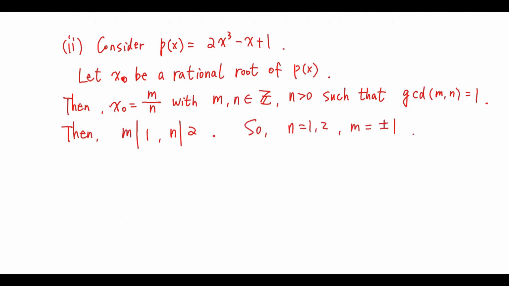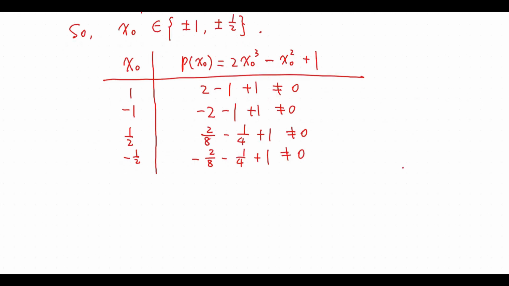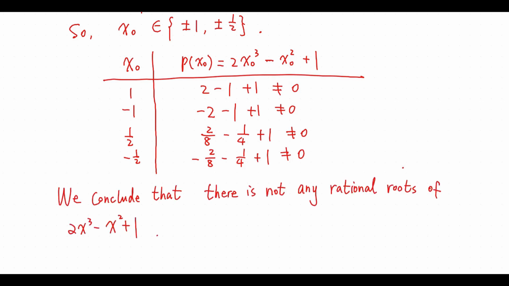This gives n equals 1 or 2 and m equals plus 1 or minus 1. So x0 is in this set. We compute P(x0). The results are shown on this table. We thus conclude there is no rational root of P(x).